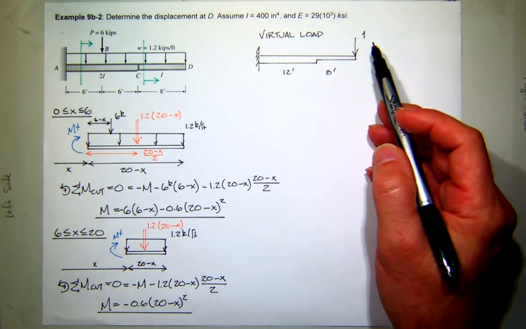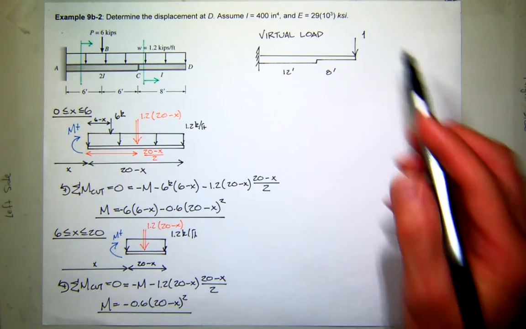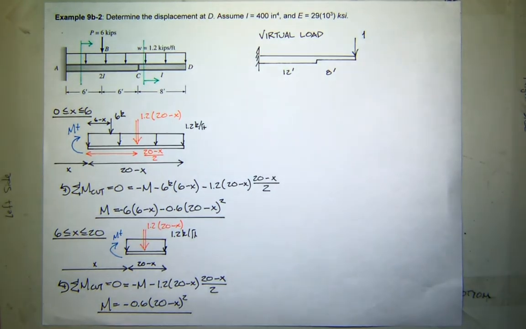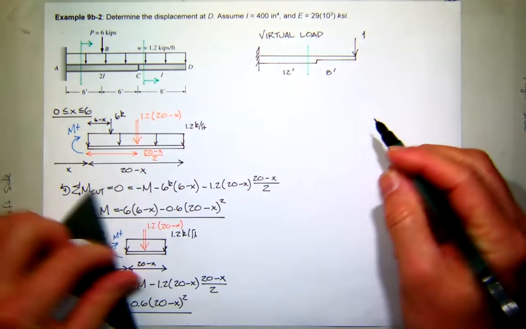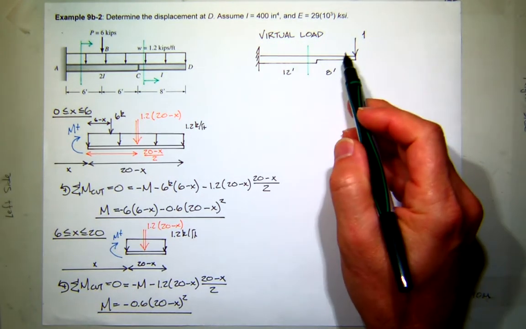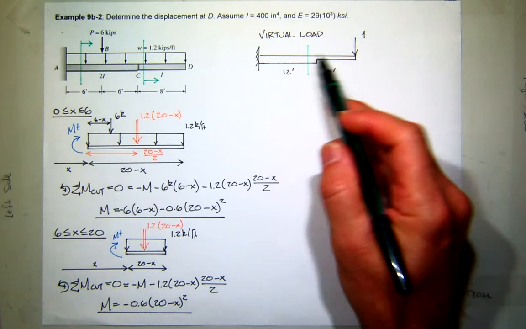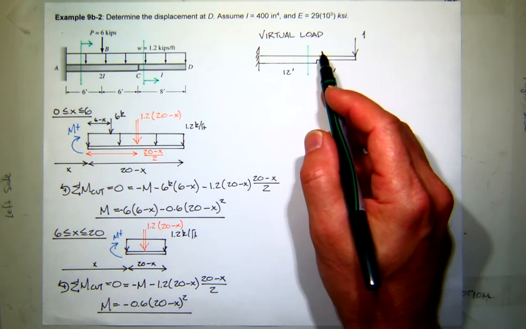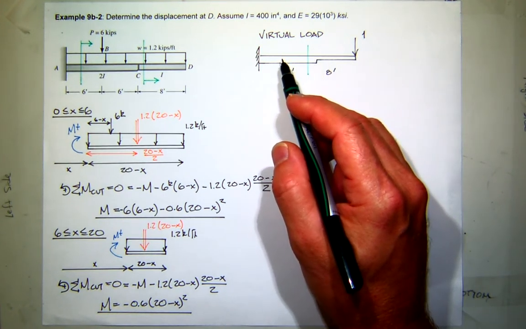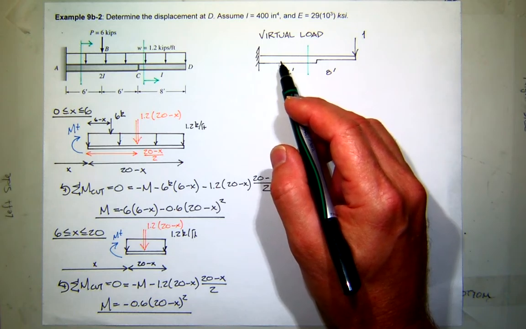The answer is yes. So if I make a cut anywhere in there, say here, at some distance x, which side do you want to work? The right side or the left side? Say the left side. Well, let's say we did do the left side. What will I need if I want to work the left free body?